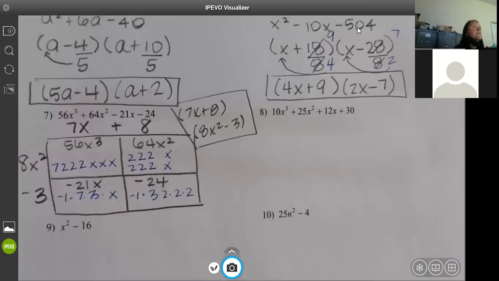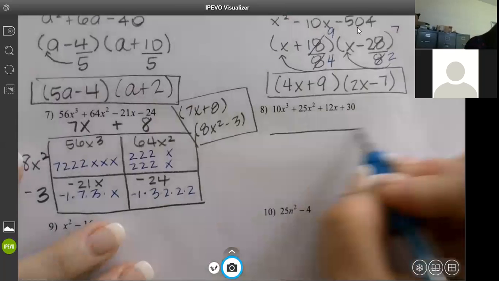Next one is the exact same way. We're going to make our box.